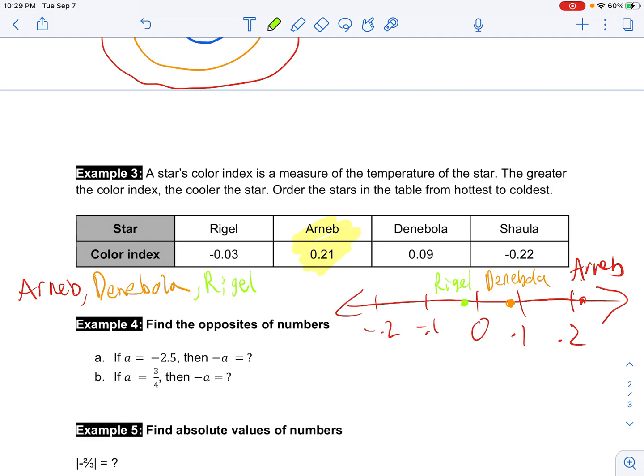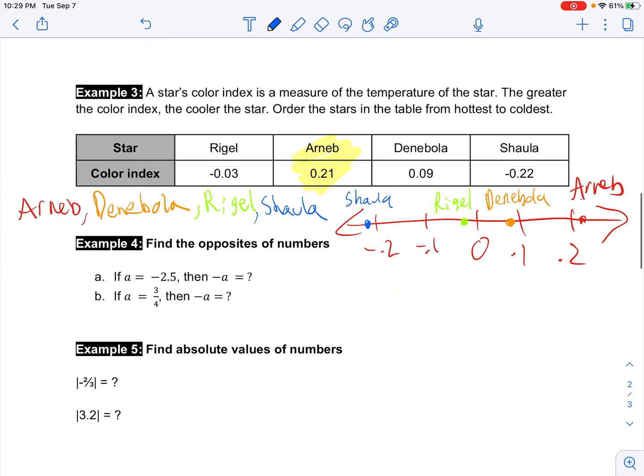And then that only leaves one left, which is Shaula, all the way over here, very far away from 0. So we got Arneb, Denebola, Rigel, and Shaula. Of course, all positive numbers are going to be greater than all negative numbers.